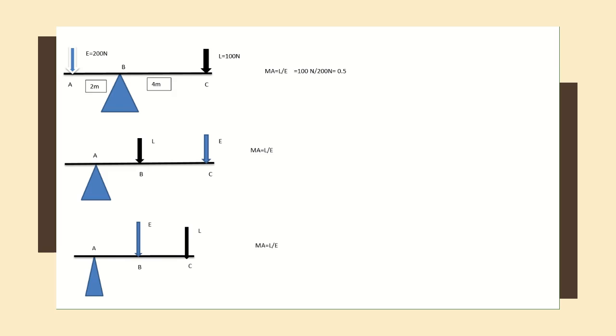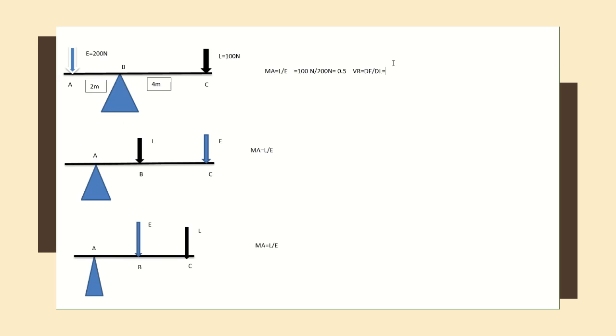Now, what's the velocity ratio? The velocity ratio formula differs a bit depending on the arrangement. For example, the first class lever. The velocity ratio is equal to the distance moved by the effort divided by the distance moved by the load. What's the distance moved by the effort there? This is my effort at point A, and you move from point A to point B. This is the fulcrum, this is a pivot.